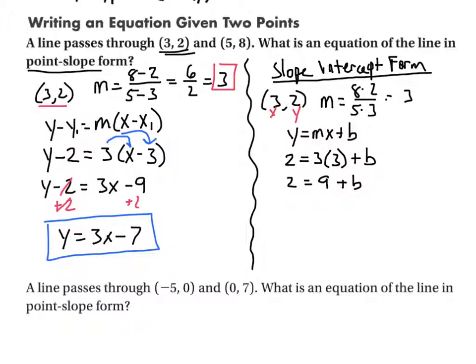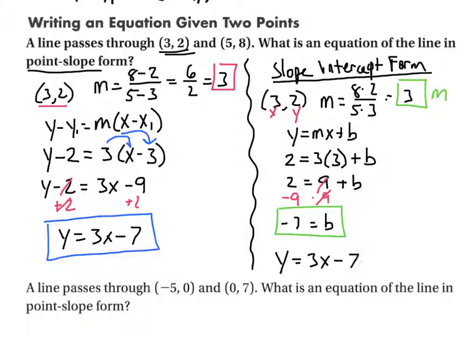To solve for b, I've got to subtract 9 from both sides. And we find out that negative 7 equals b. So the 2 pieces that we need for slope-intercept form is the slope, which we have, and our y-intercept, which we have. So therefore, y equals 3x minus 7.